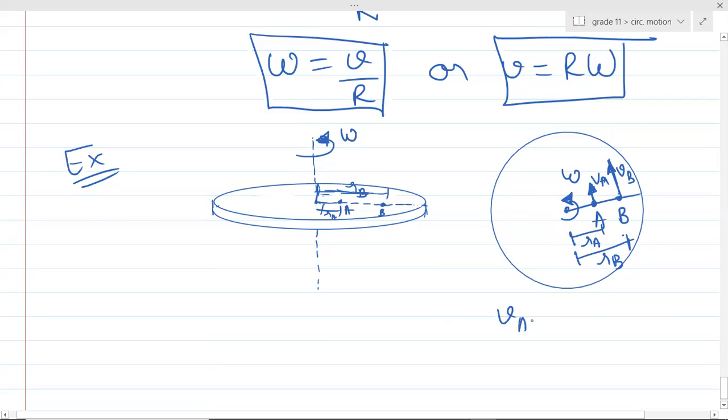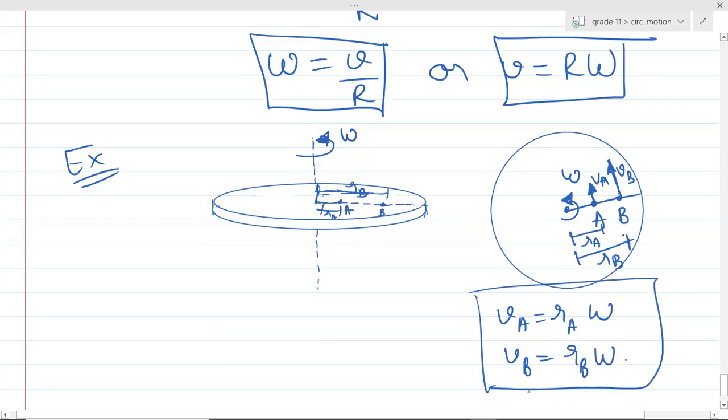Can I write VA is equal to RA into omega? And can I write VB is equal to RB into omega? Can you say this, guys?